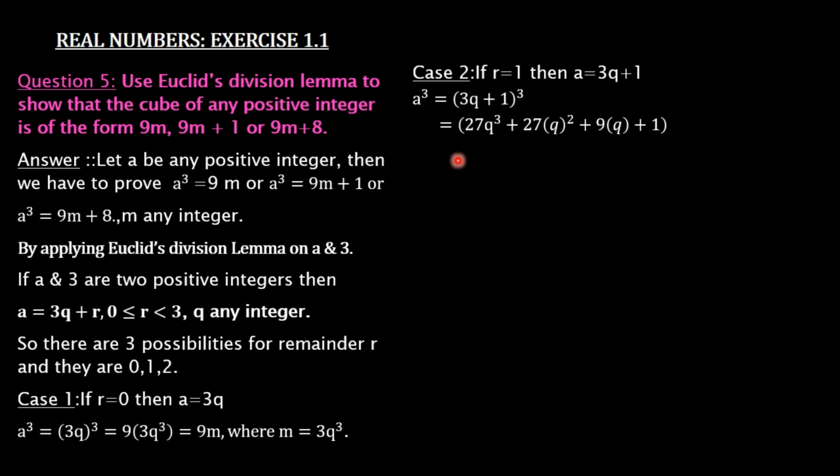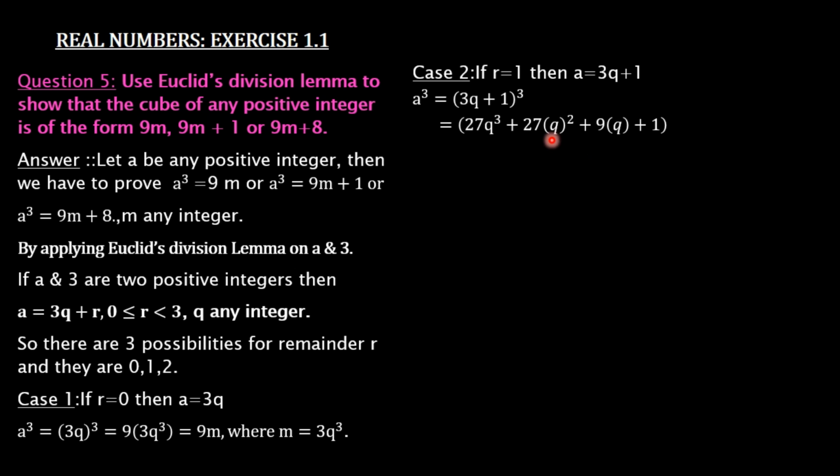Now we have to change it into this form. So by observing these terms, there is a possibility of getting a cube equal to 9m plus 1. So for that, observe these three terms. 9 is common in these three terms. Okay.